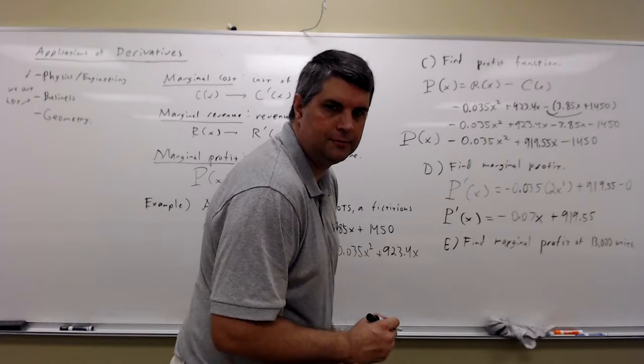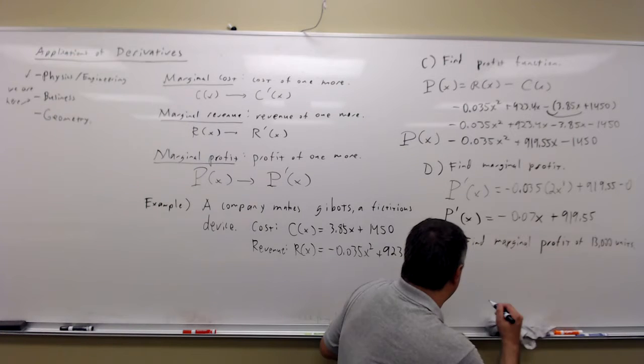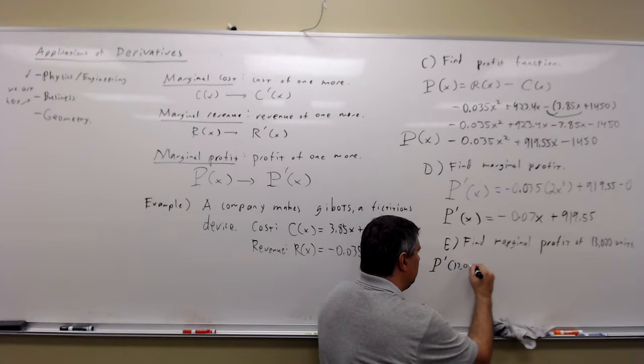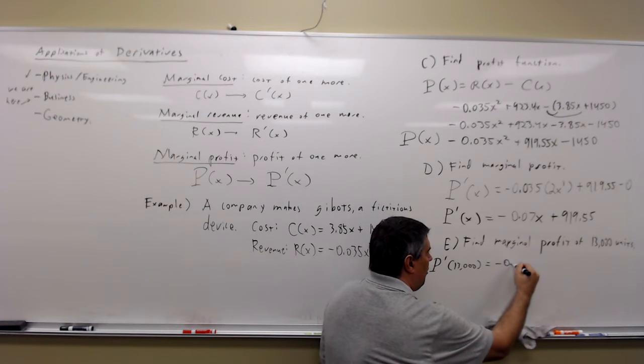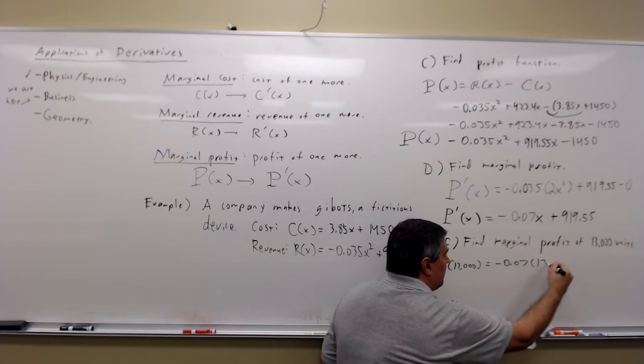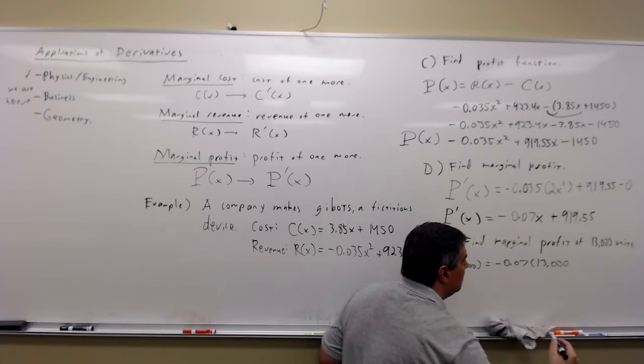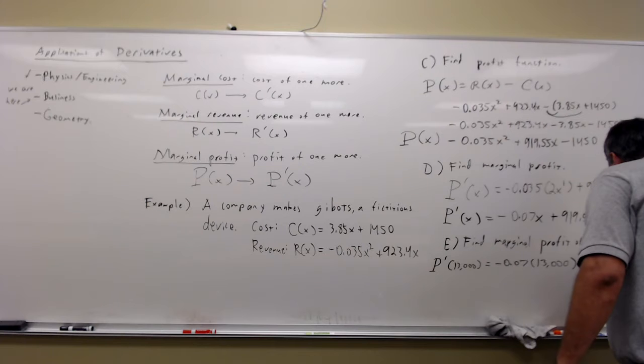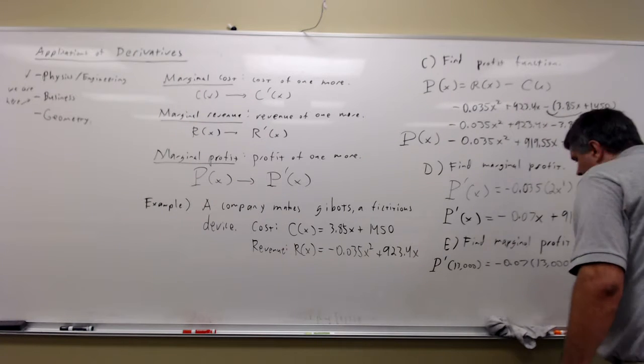Well, P prime of 13,000 equals negative 0.07 times 13,000 plus 919.55.